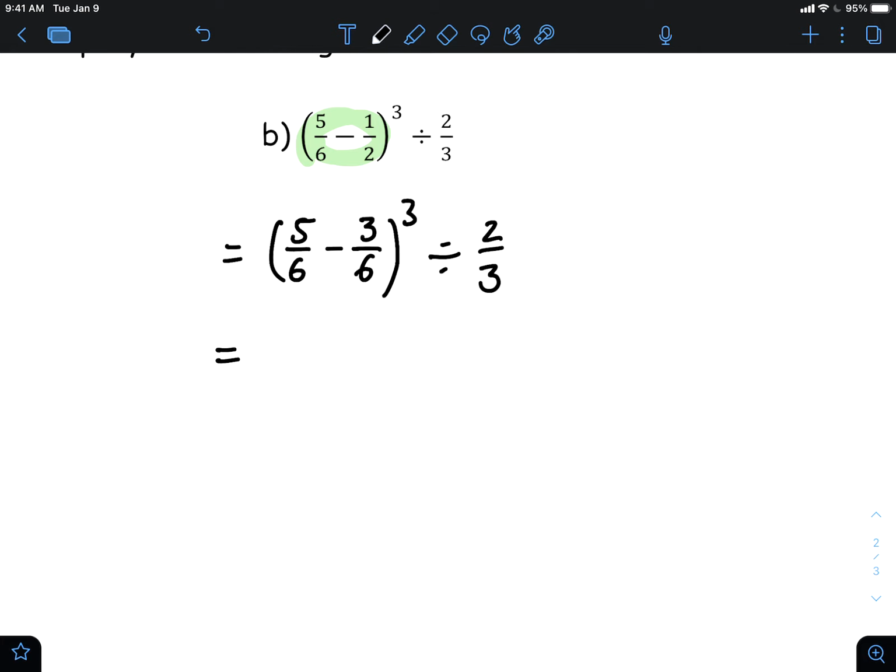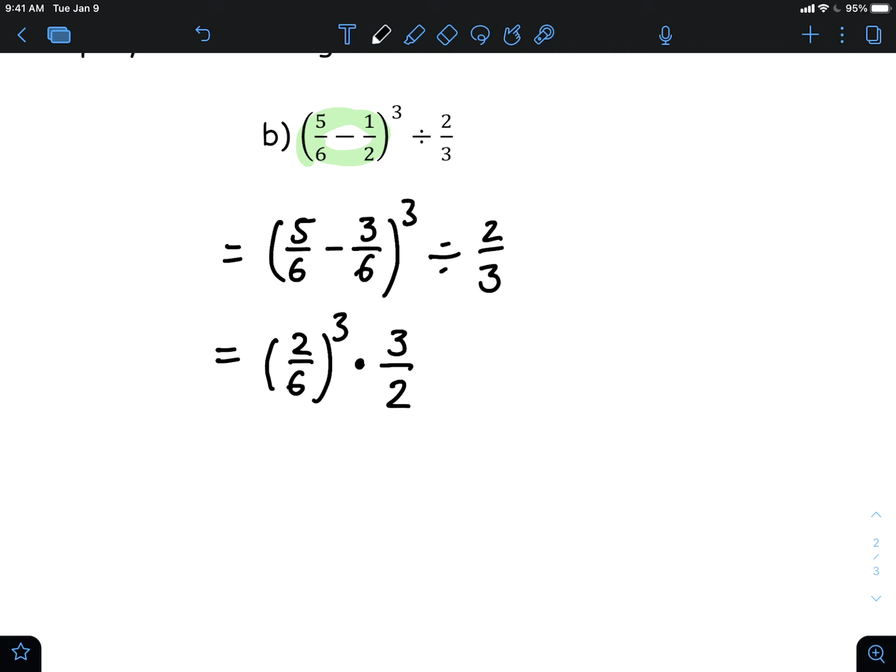All right. So the next thing we do is going to be actually resolving this subtraction. So 5 minus 3 gets you 2. So that's equal to 2 over 6 cubed. And I'm also going to flip this one around. So instead of having divided by 2 over 3, I'm just going to say multiplied by 3 over 2.